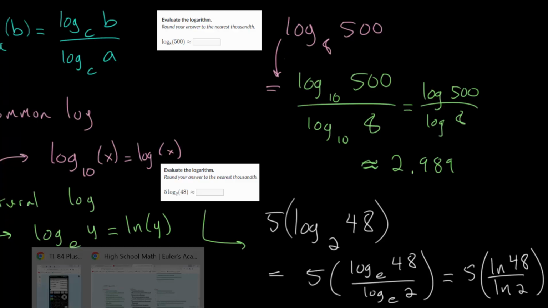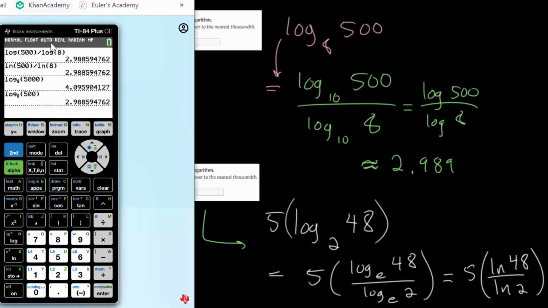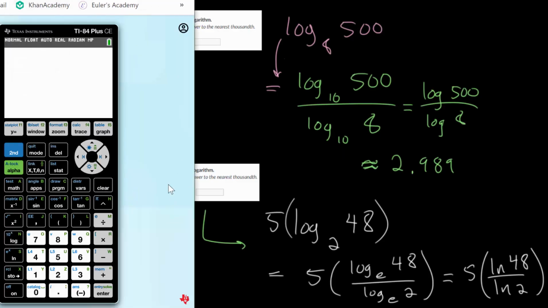And let's put this into our calculator. So we'll clear this out. And we have 5 times the natural log of 48 divided by the natural log of 2. And just to prove to ourselves that this is correct, we can multiply it instead by log.